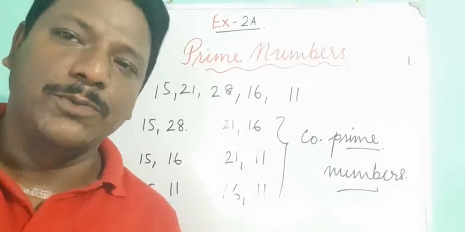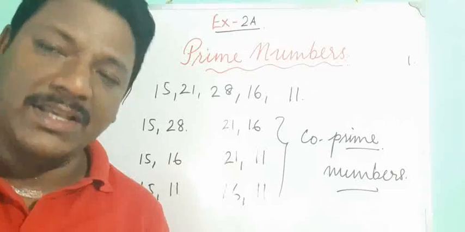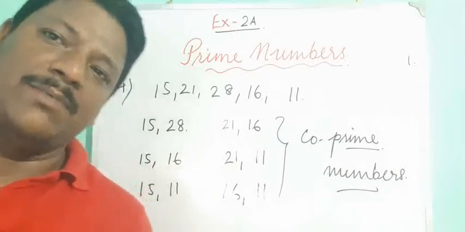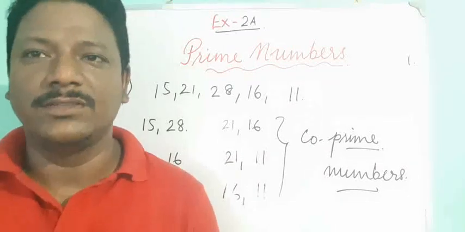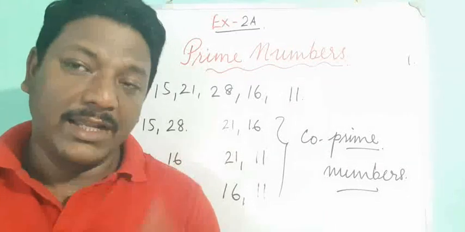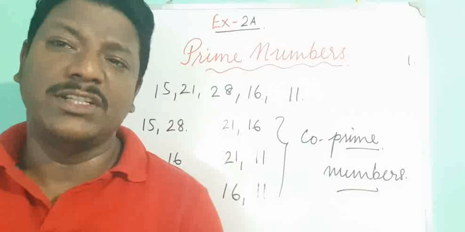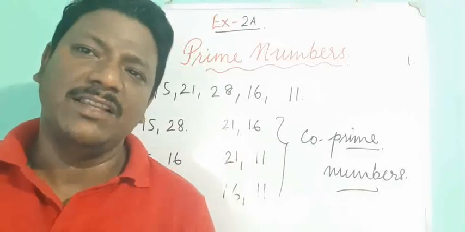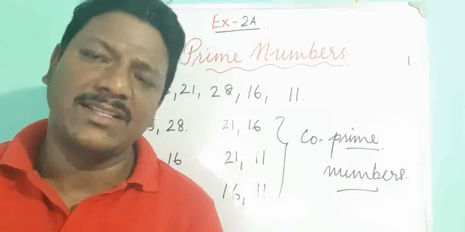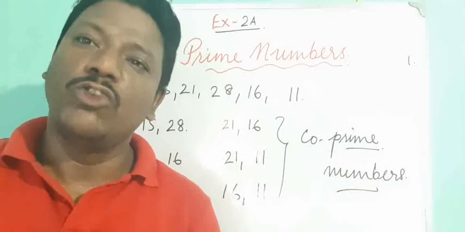I hope you understood from the beginning. Multiples are simply multiplication, as you have the table. Factors are the numbers which divide the given number, leaving no remainder.